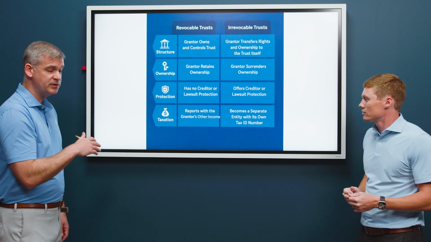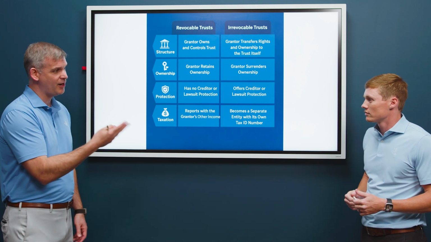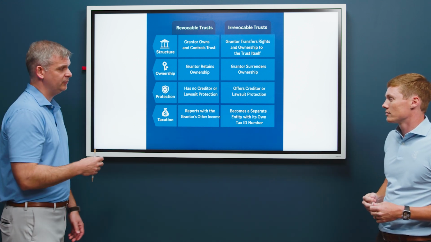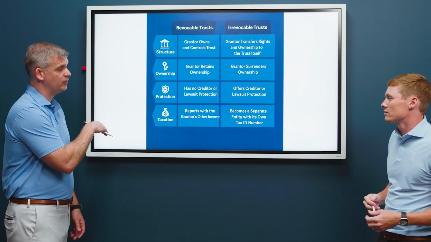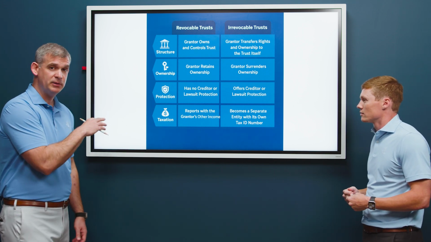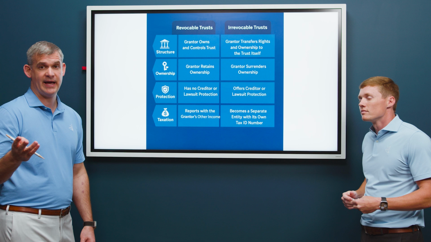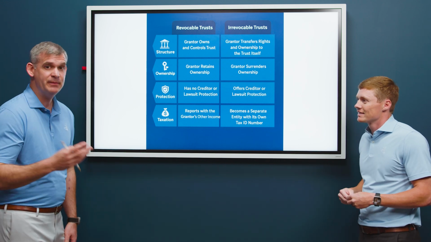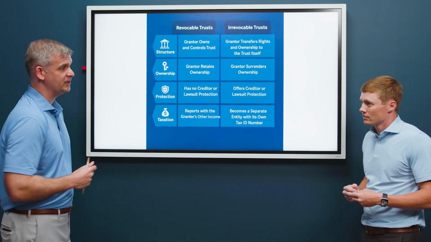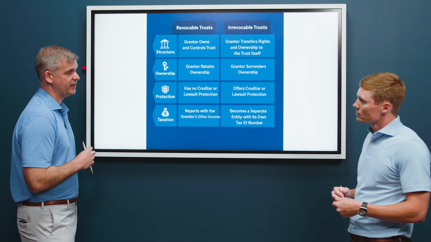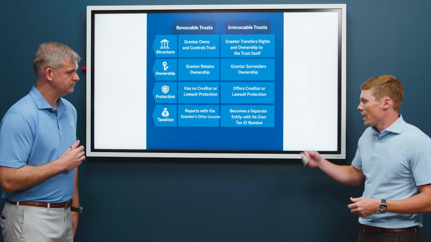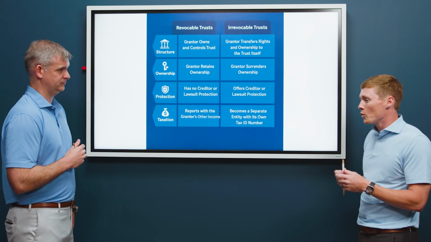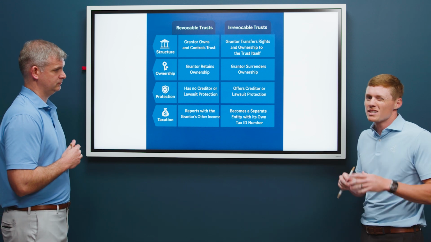So irrevocable trust can be used for a lot of different reasons, but in our office, we typically used them for tax planning when it comes to estate taxes. But estate tax limits are so high, we typically don't see irrevocable trust being used for that reason right now.